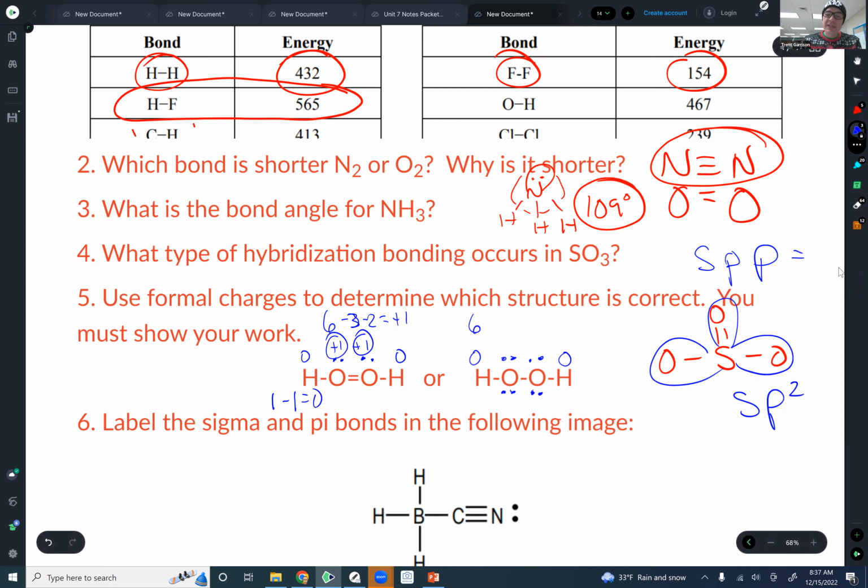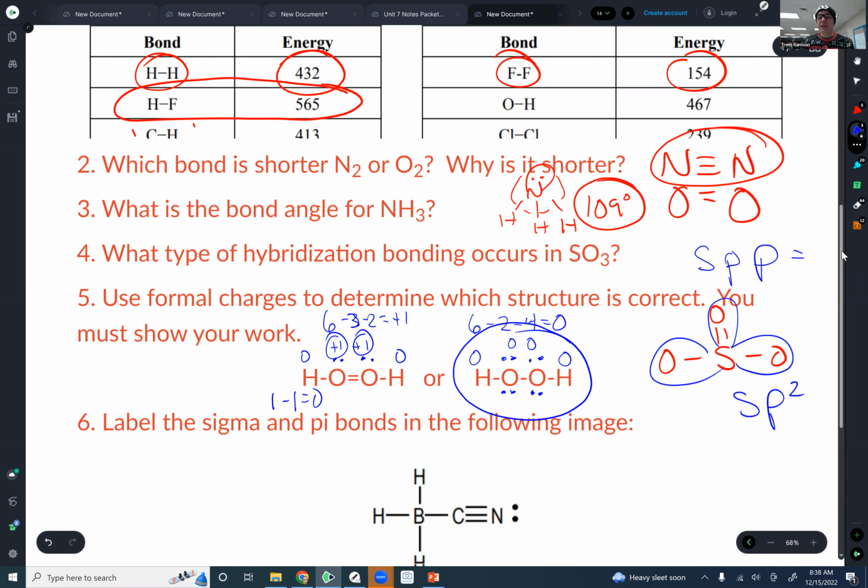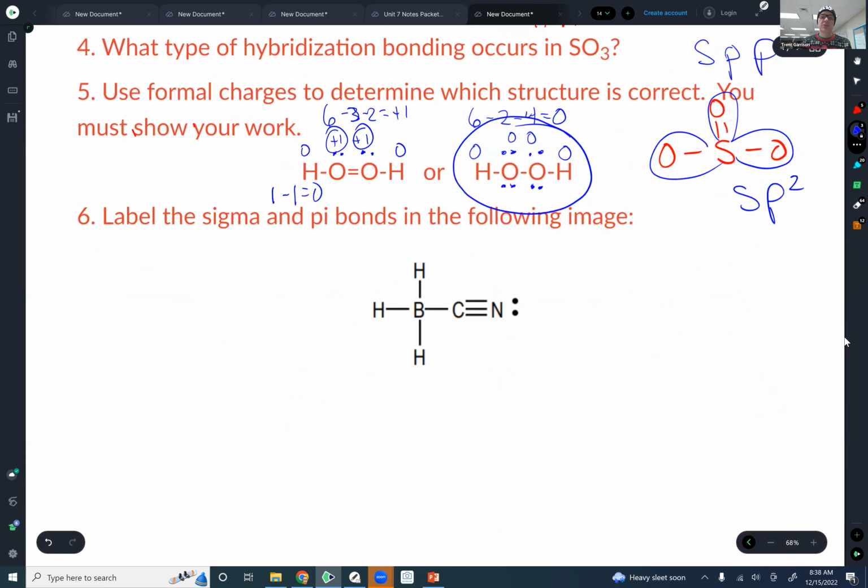Again, we start with 6 valence electrons. We subtract 2 bonds on either side of the hydrogens, and then we subtract 4 for the free electrons, and that also equals 0. So the molecule that has more 0 formal charges is the second. This is the more favored possible structure of the molecule.